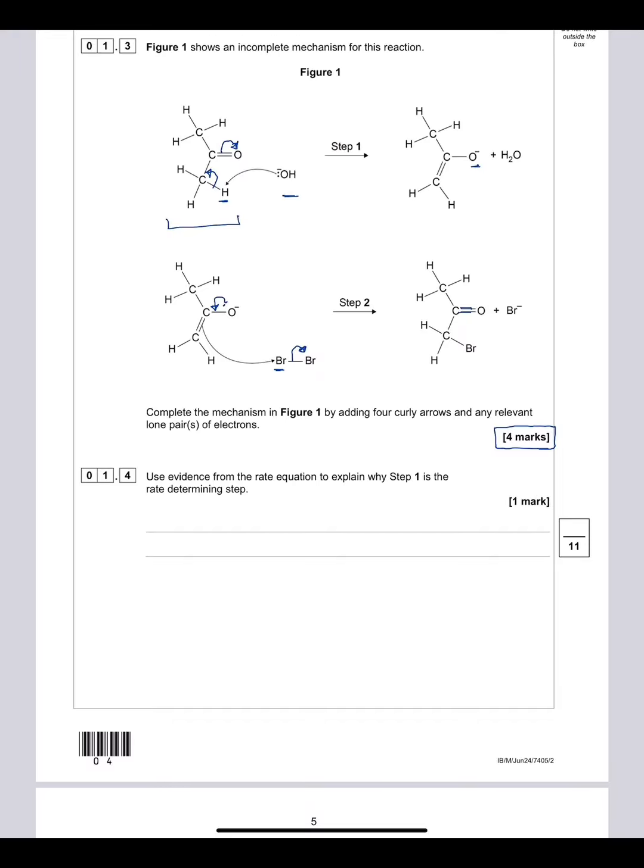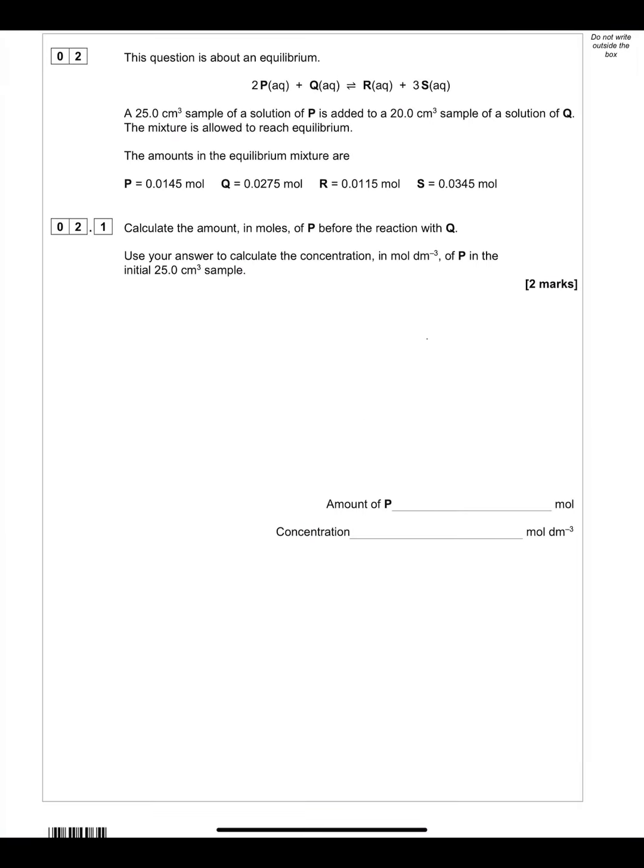So the evidence here is that step 1 includes all species in the rate equation. You can either name the species and write the ketone and the hydroxide ion, which are all the species in the rate equation. So this is how to answer this question.